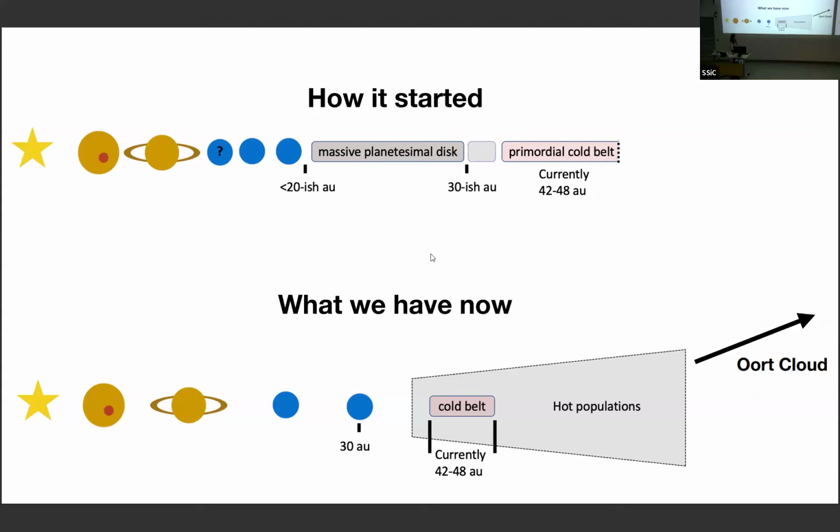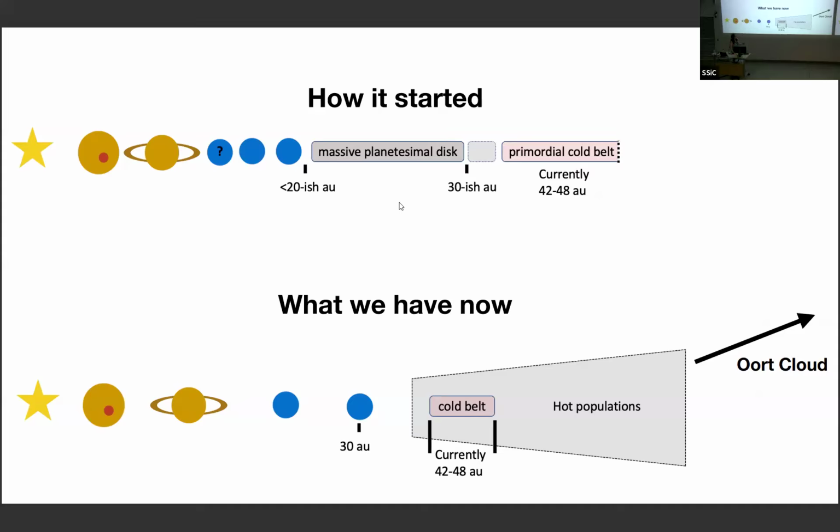So we're going to start from telling the story of our solar system, because we started when the planets formed. They of course did not form in the configuration we find them today. And all of these icy body reservoirs are what's left over of the massive planetesimal disk that formed outside of where planet formation in our solar system stopped. So we had our giant planets forming in a more compact configuration, perhaps with an extra ice giant.